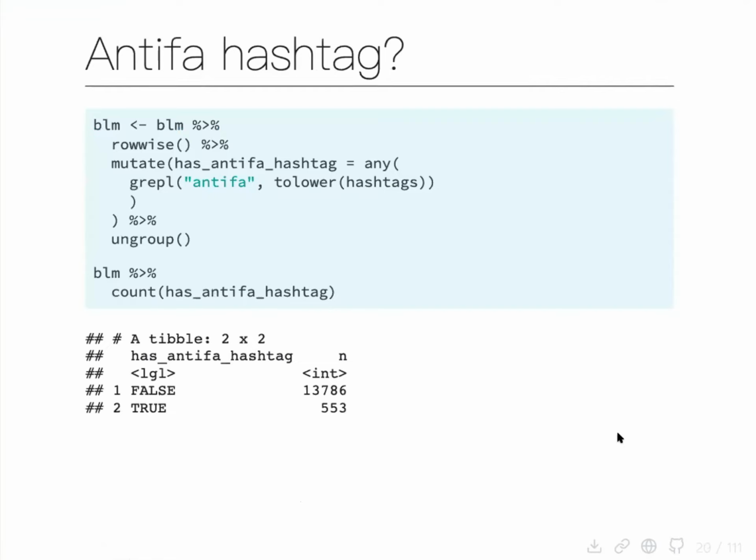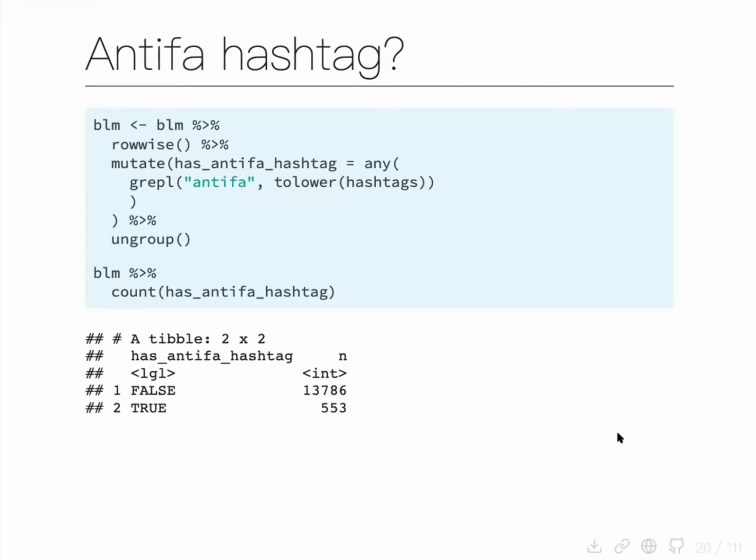More complicated is we might want to actually pull out specific hashtags. For example, when I was looking through this, I saw one of the top hashtags, it wasn't in the top 10, I don't think, but it was like 12 or something like that, was Antifa. Antifa is not really related to Black Lives Matter directly, but it is related, I would assume, in terms of that group.